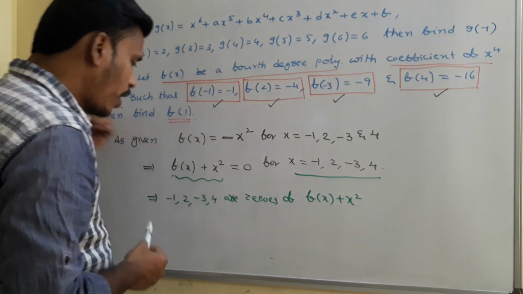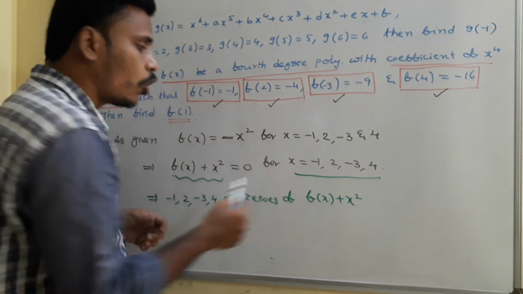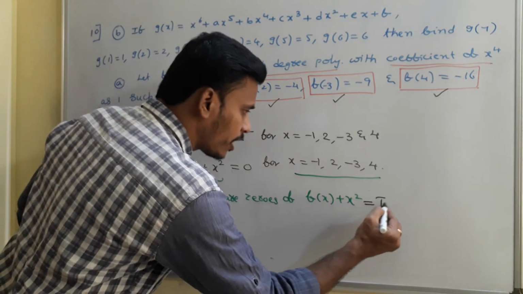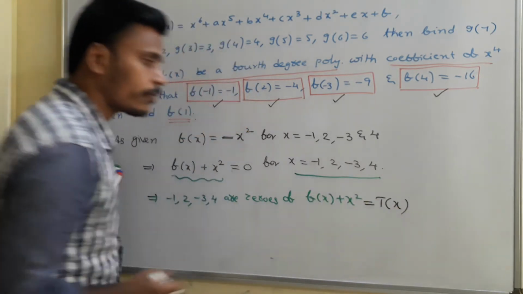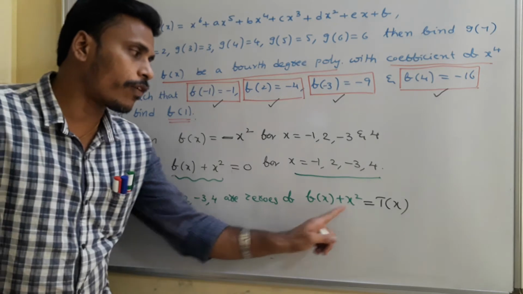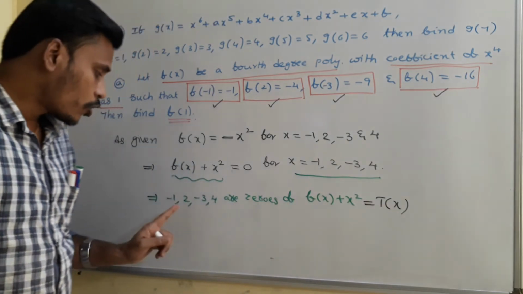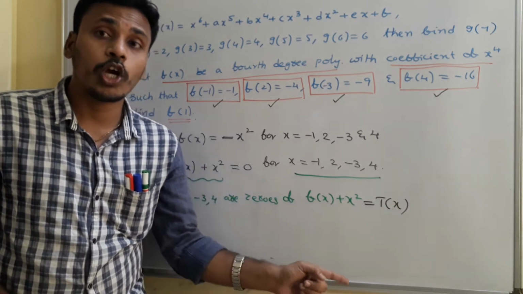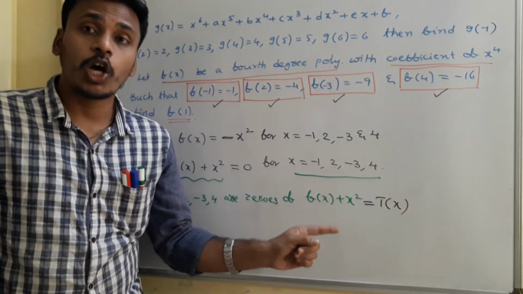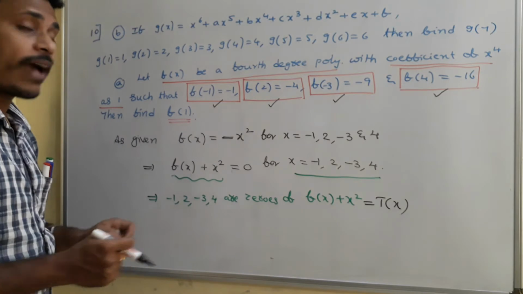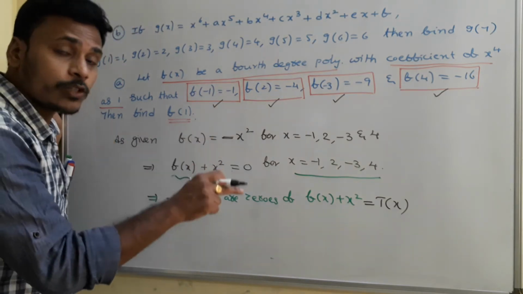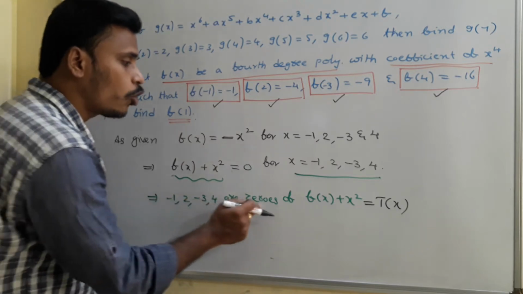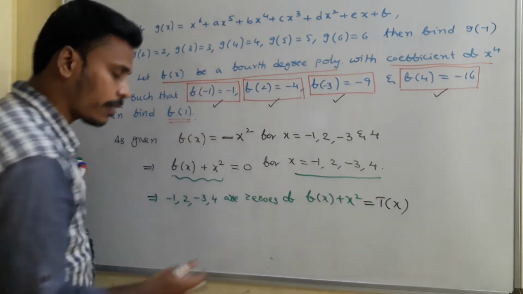Now since -1 is a zero for this t(x), t(-1) is 0. T(-1) being 0 means, by the factor theorem, x plus 1 is a factor of t(x). All these are zeros of this polynomial.